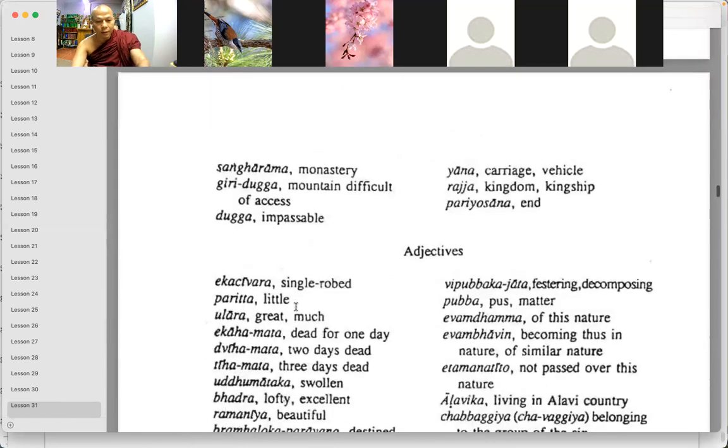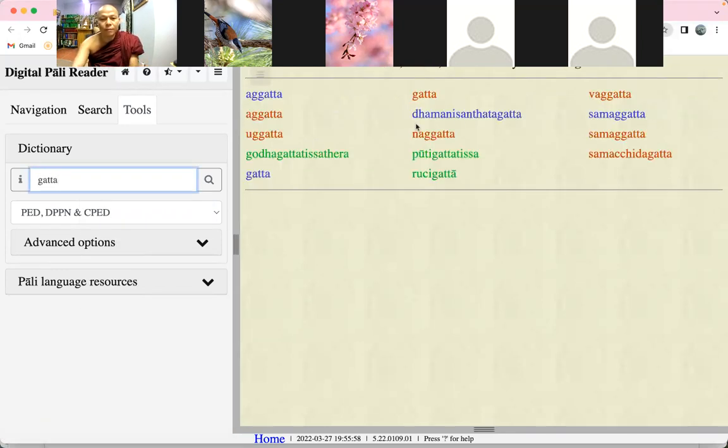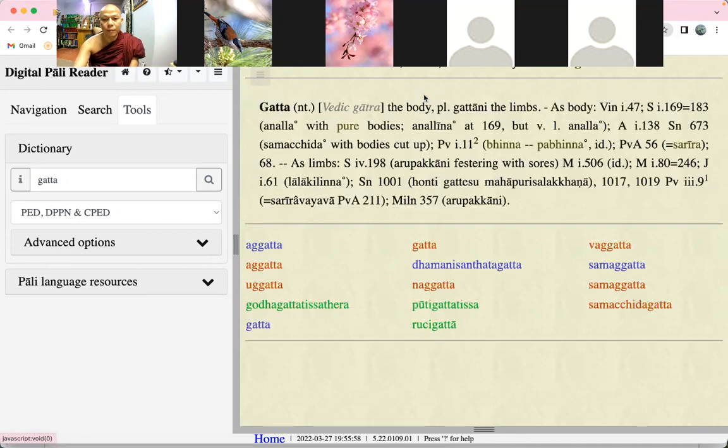Okay, let's check in the dictionary. So here you also see it together with gadani. Gada, as singular, is the body, but the plural is gadani, the limbs.